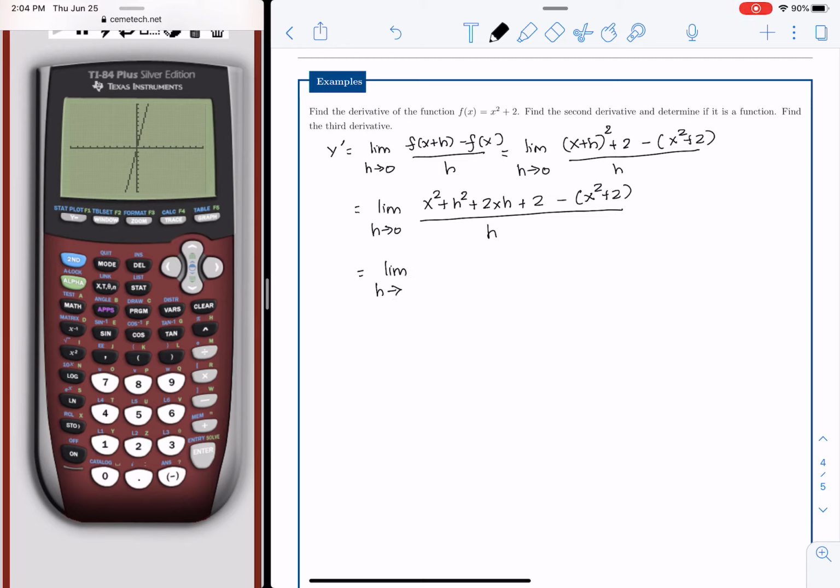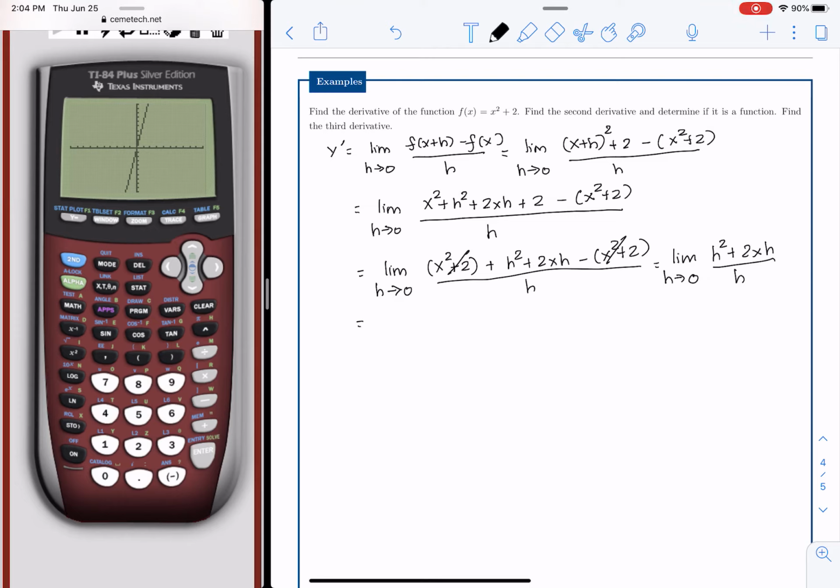So now we have limit h approaches 0. I'm going to do some rearranging. I'll have x squared plus 2 plus h squared plus 2xh minus x squared plus 2 divided by h. Those two would go away, and we'll have limit h approaches 0, h squared plus 2xh over h.